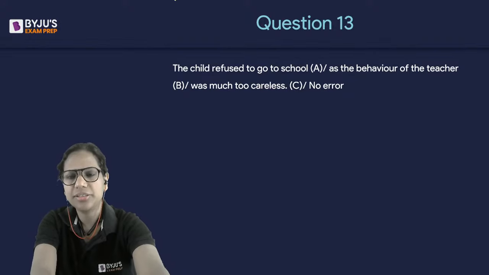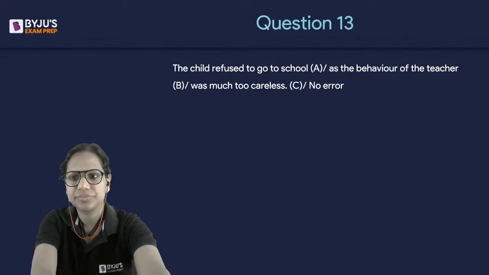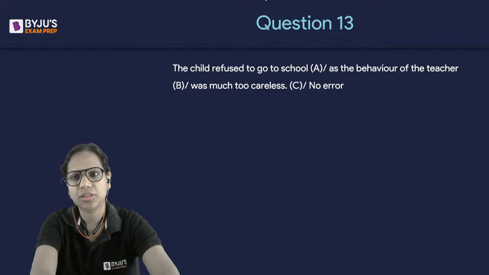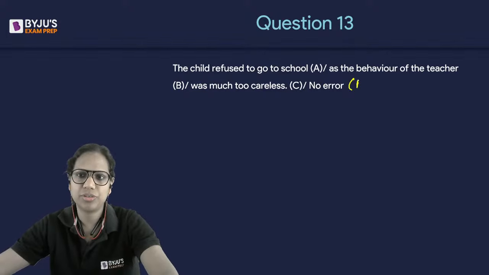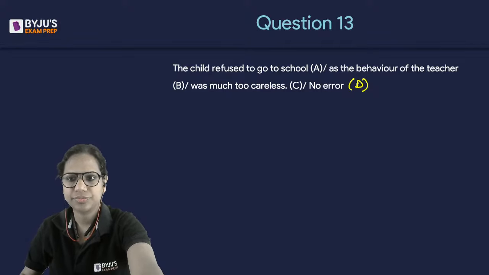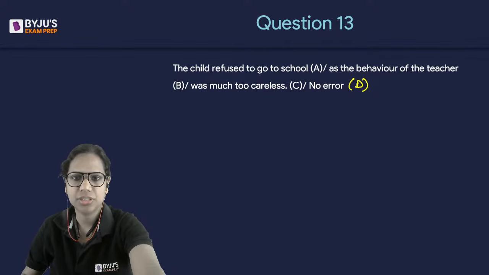What do you say? No error. Okay, you say no error. All right. Others. No error. Madhav says no error. Angela says no error. Okay. Pratyusha says no, C is erroneous. Sonali says D, no error.